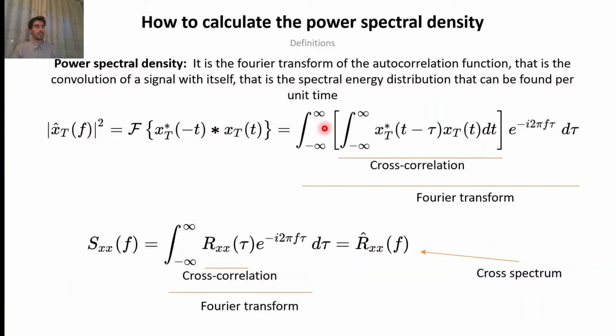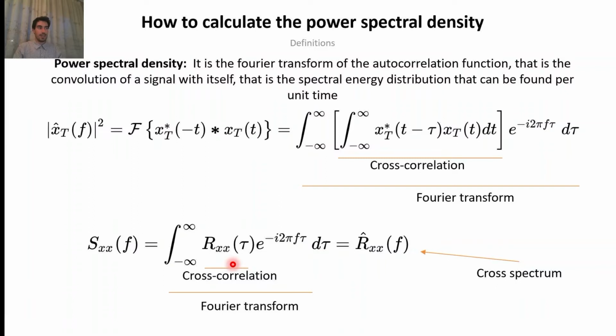So if this represents the autocorrelation, then this is its Fourier transform, in the continuous domain, of course. Then you can call this expression Sxx of f, which is basically, again, the Fourier transform of the correlation of a signal with itself.